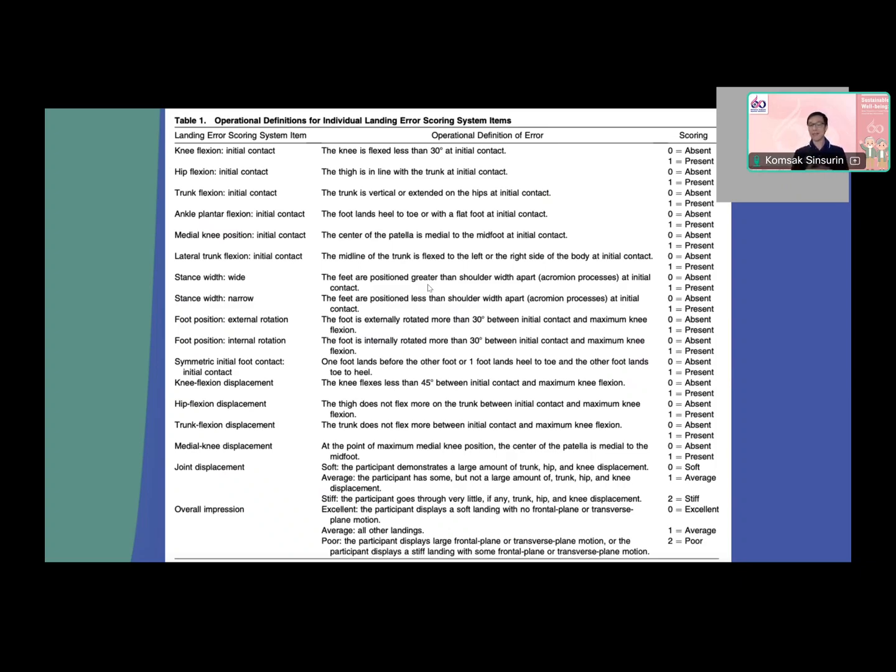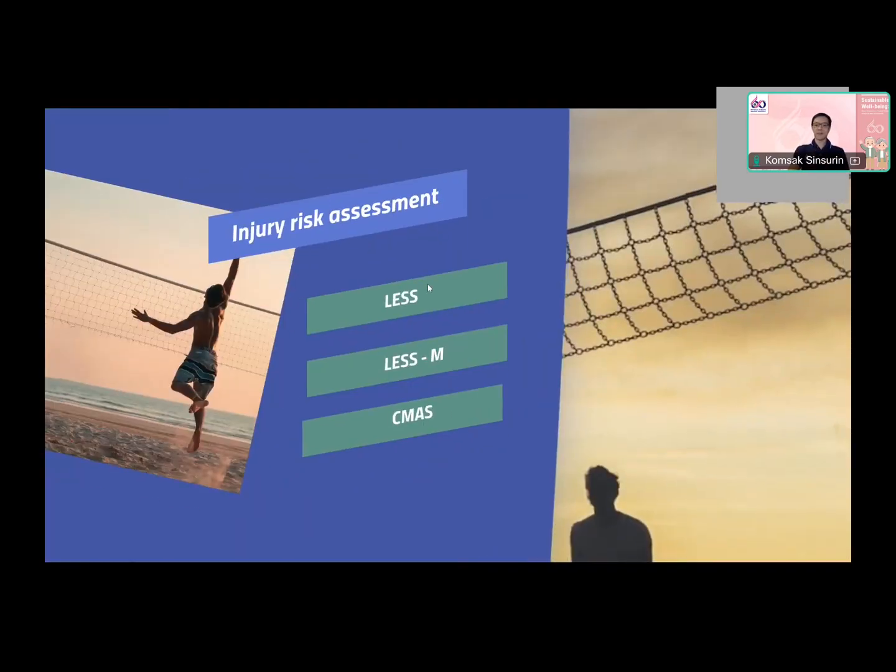Then we can reassess with the landing error scoring system again, observe each item, and compare each item and the total score between round 1 and round 2. So we can see the progression after we provide the preventive program. This is how we can use the assessment tool.